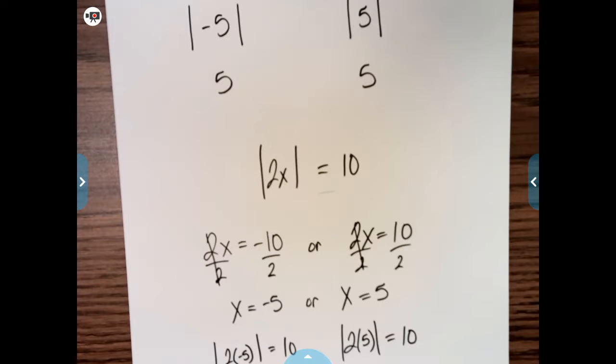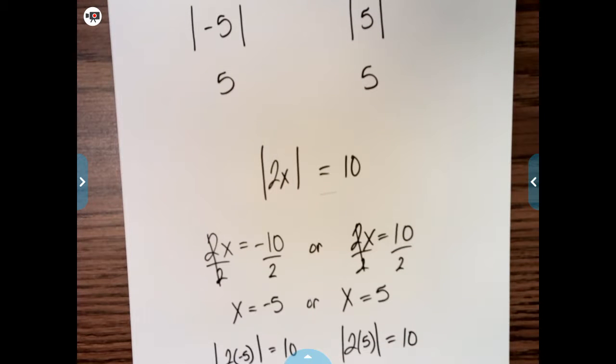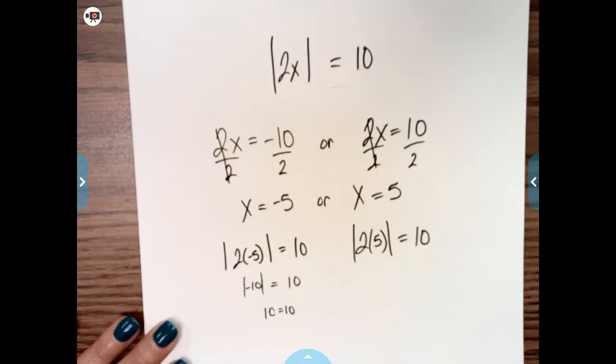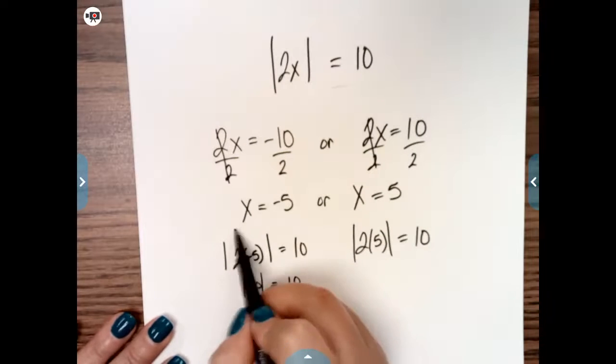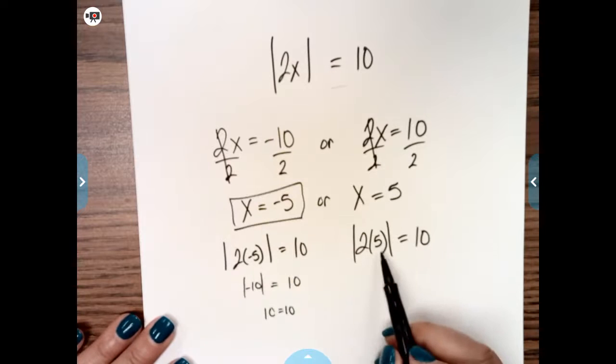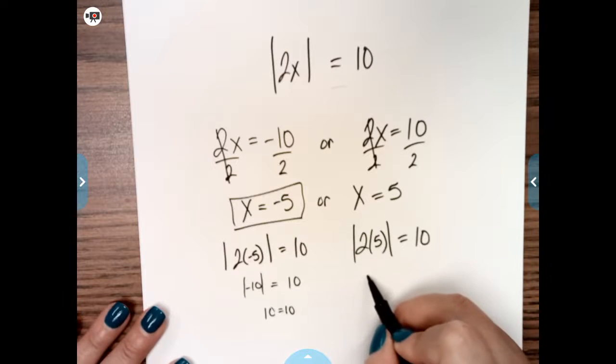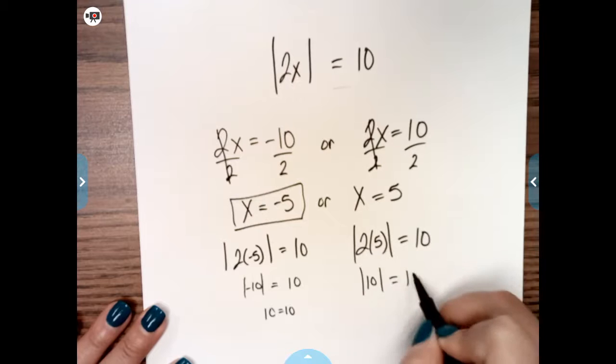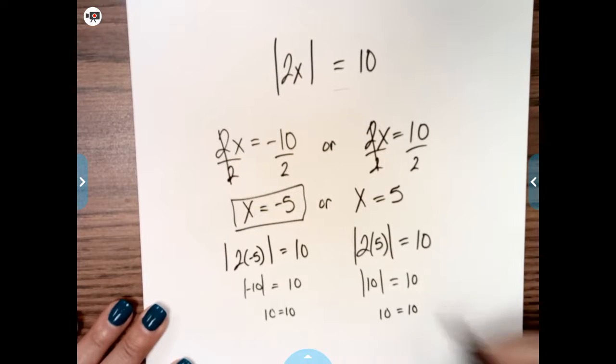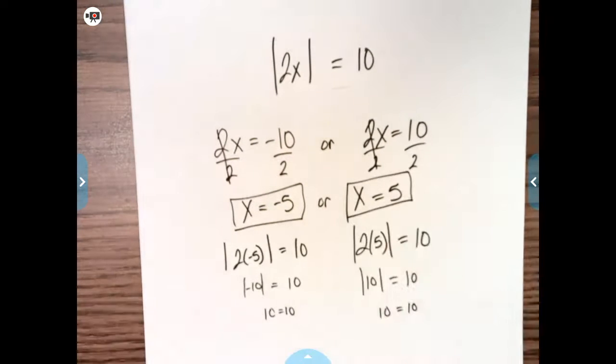So that would be negative 10, and then the absolute value of negative 10 is 10. So that one, negative 5, is a solution. The next one was the positive 5. So now we do 10, and then the absolute value of 10 is 10. So both solutions worked.